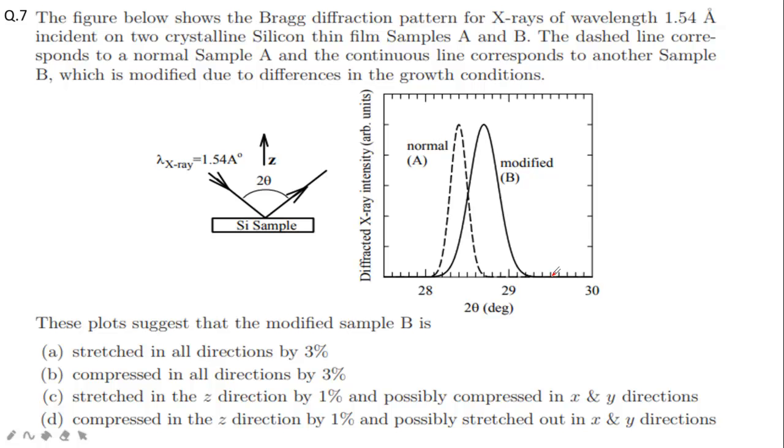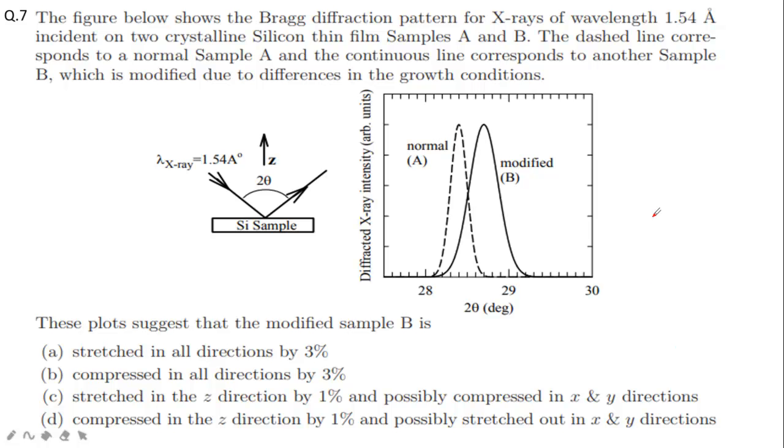So what we have done: either we have stressed it in all directions by 3%, or we have compressed it in all directions by 3%, or we have stressed in the Z direction but compressed in the X and Y directions, or we have compressed in the Z direction and stressed in the X and Y directions.